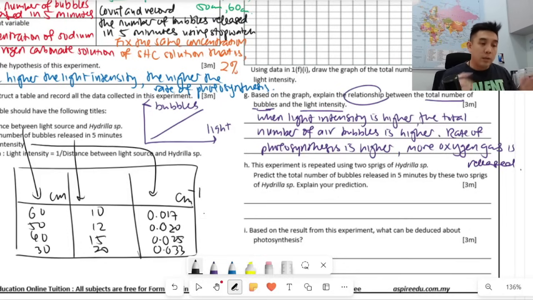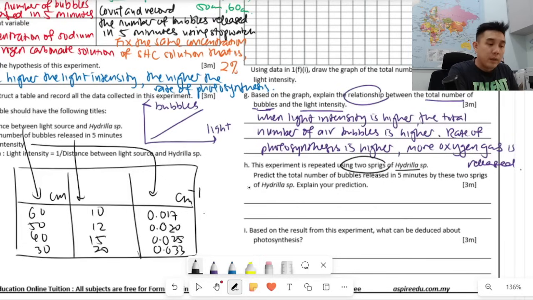So therefore, now they ask that the experiment is repeated using 2 hydrilla instead of 1. So how's the total number of air bubbles? Of course, there are more.